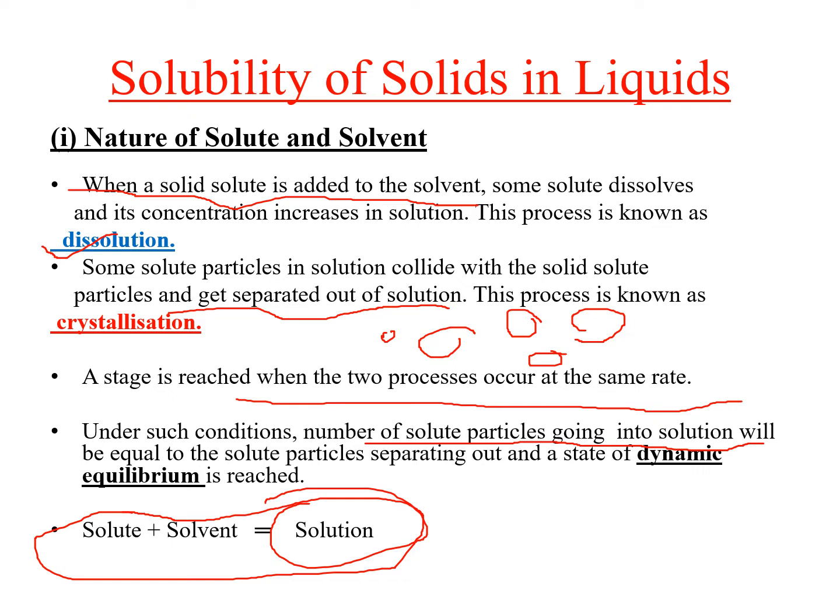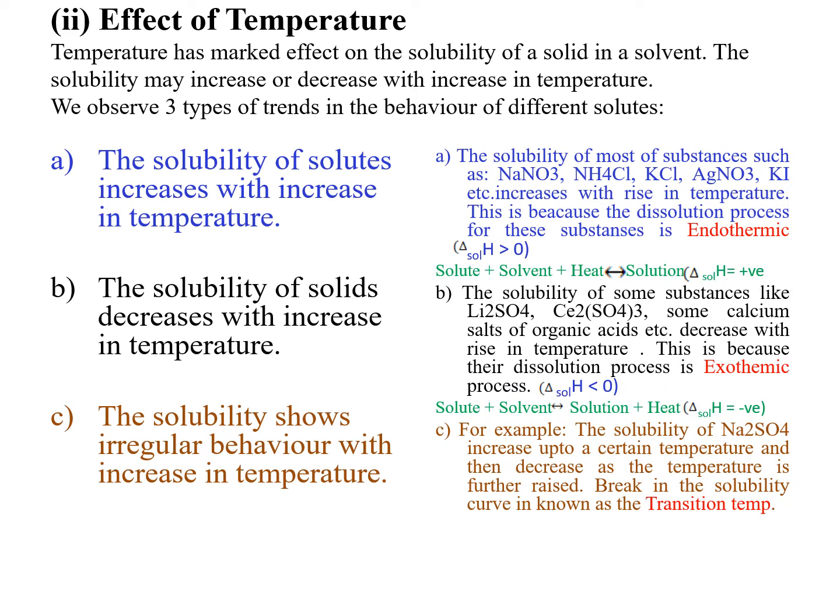Now come to the next factor, that is the effect of temperature. What is the effect of temperature when a solid dissolves in a liquid? This can be explained whenever there is a disturbance in equilibrium. Whenever there is any disturbance in equilibrium, the equilibrium shifts in the direction to reduce the effect of change, according to Le Chatelier's principle.